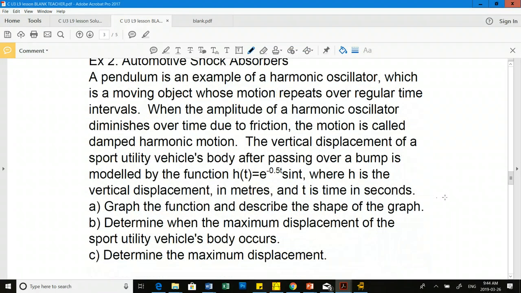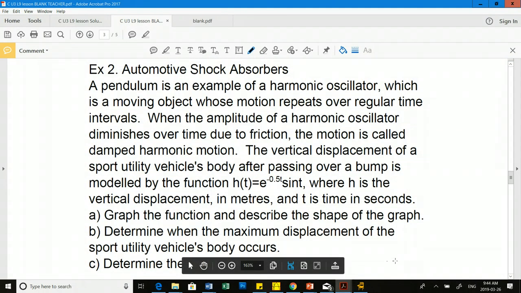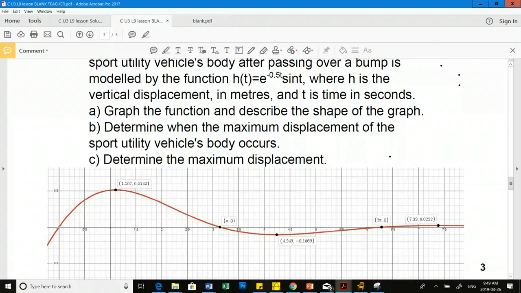Okay, so this is the question. See what you can do with this before we keep going. Okay, so this is our graph. I've marked off a couple important points for you on here.